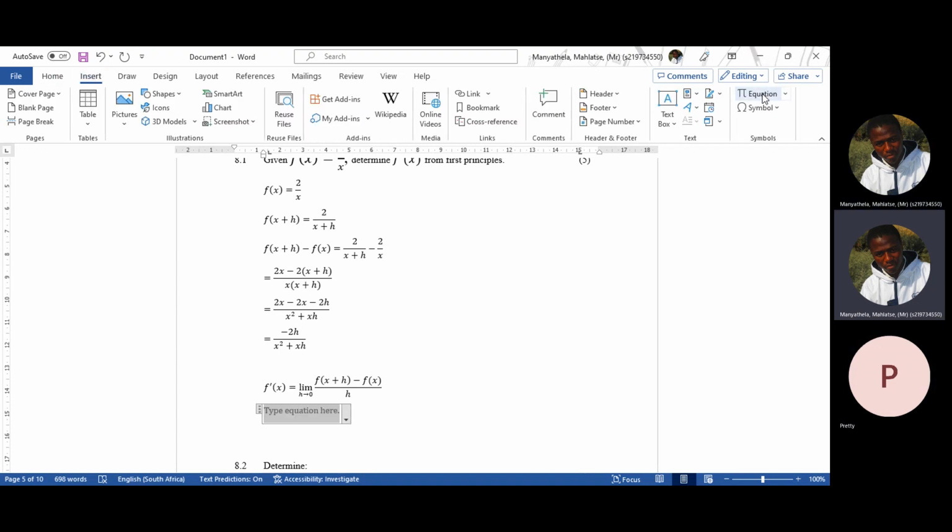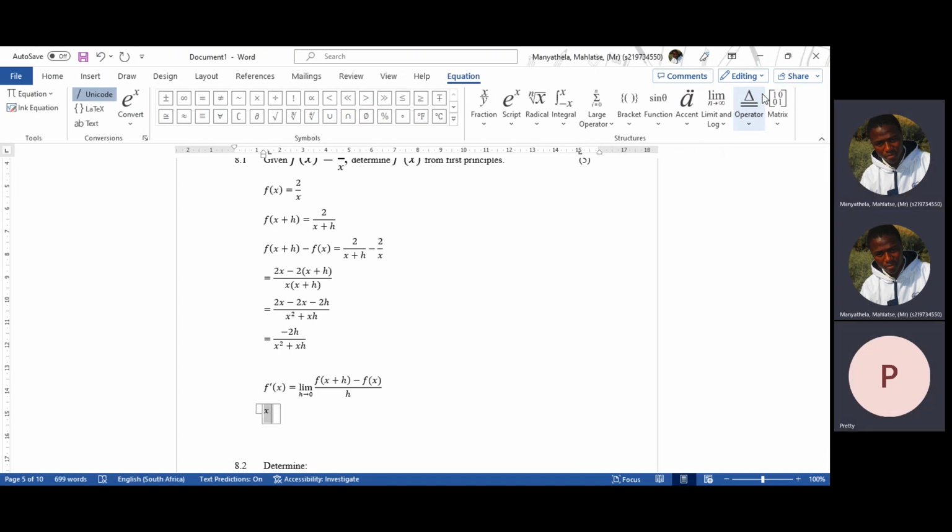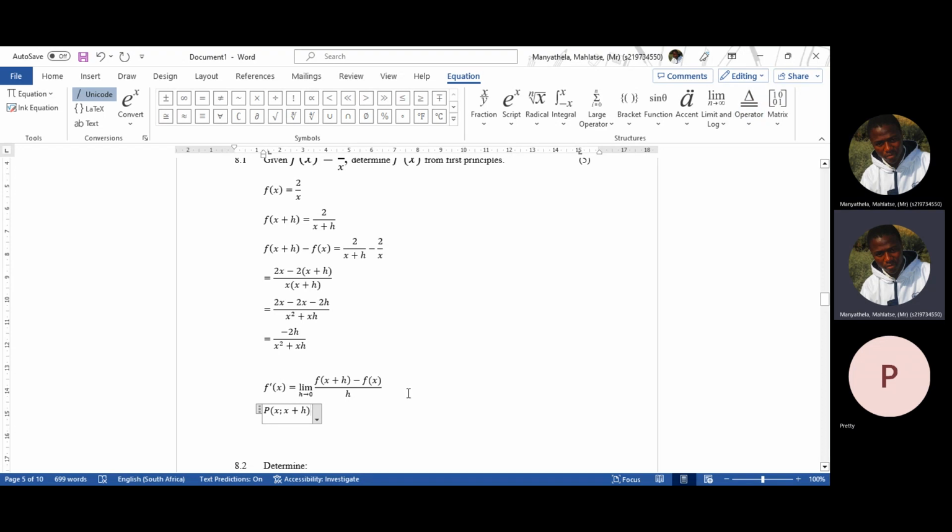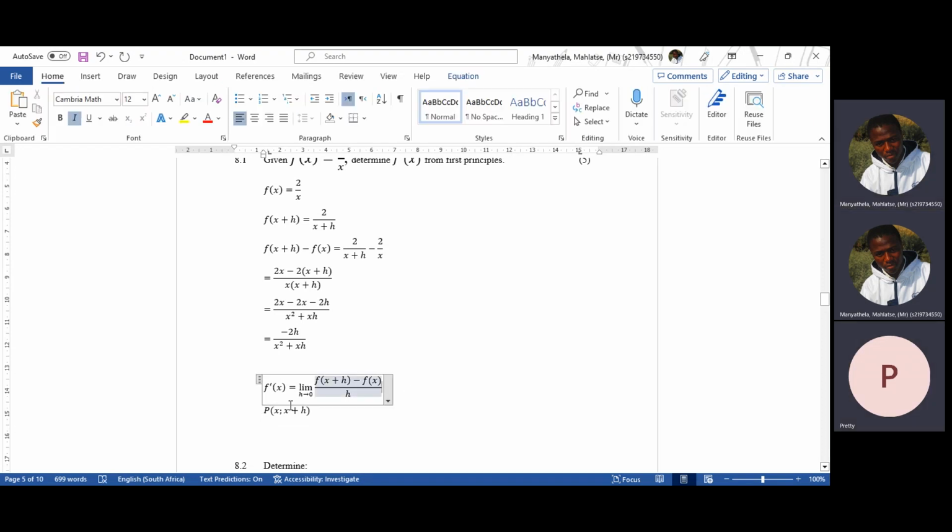Let's call them P and Q. The coordinates of P are x and x plus h, and the coordinates of Q are f of x and f of x plus h.